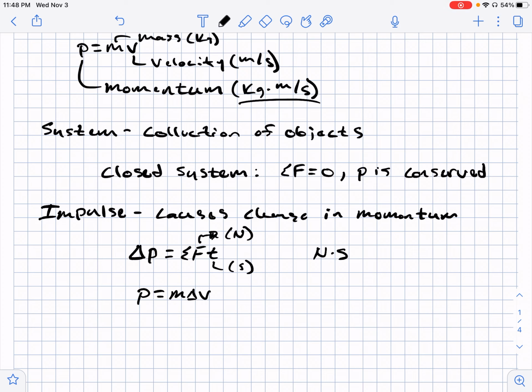The mass of that one object times the change in its velocity would equal that change in momentum, that delta p for that object. So we could actually substitute that in and have the equation net force times time is equal to m delta v.